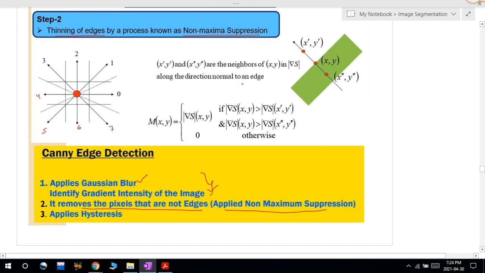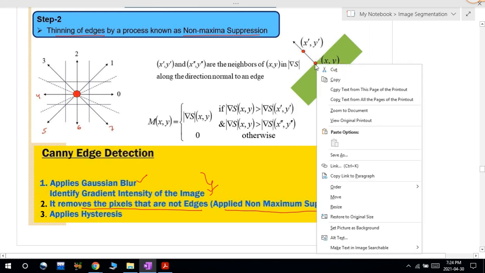For this, the procedure we apply is to take the edge points that we get from the first step. For a particular edge point, I take the neighbors.